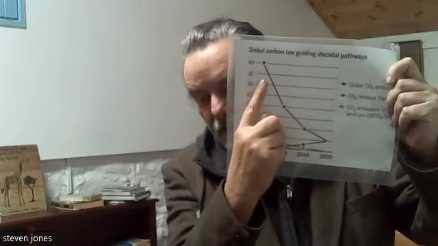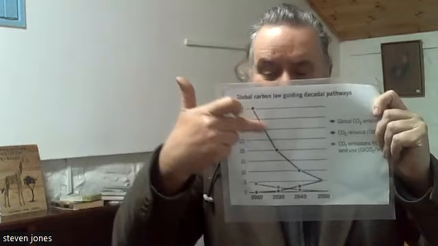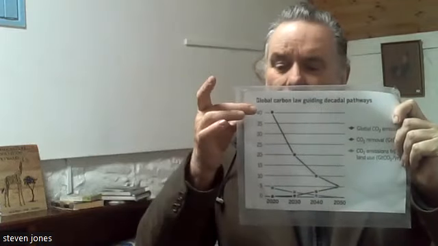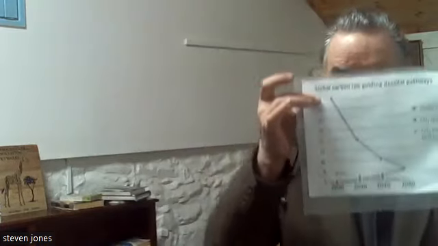So the first line on this, and here we are, starting here, shows a descent curve. Okay, so this is our current global emissions measured in billions of tons of carbon dioxide.